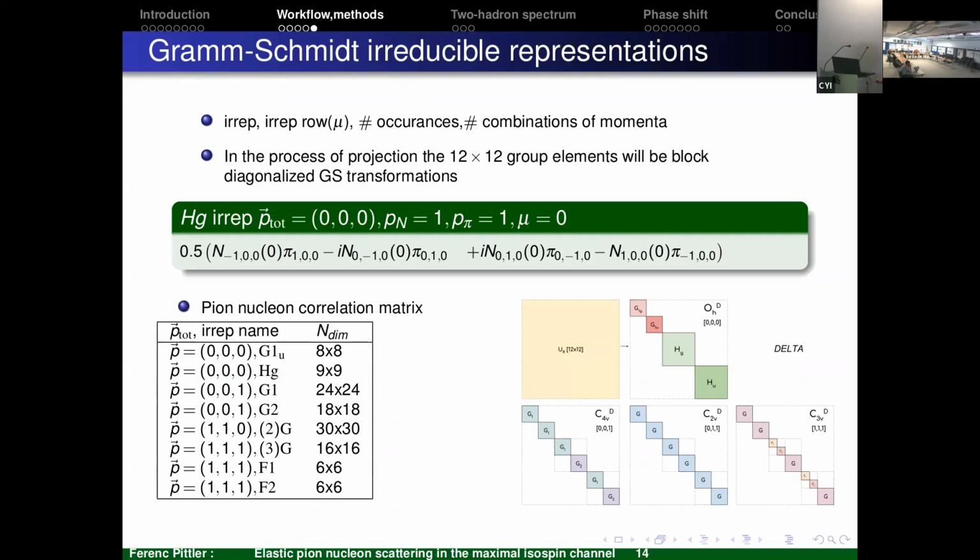Okay, so how does this projection actually work in practice? We change the degrees of freedom from the isospin and spin index to the irreducible representation rho, and occurrence.